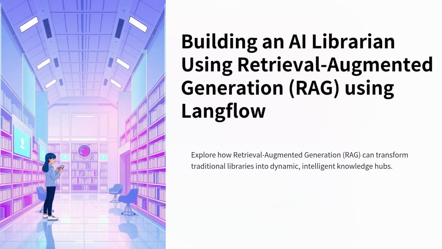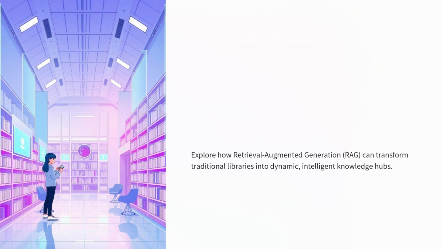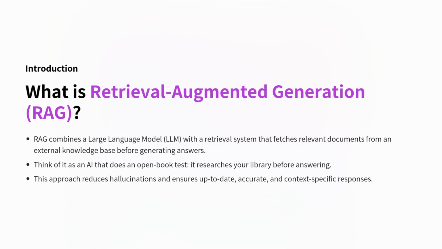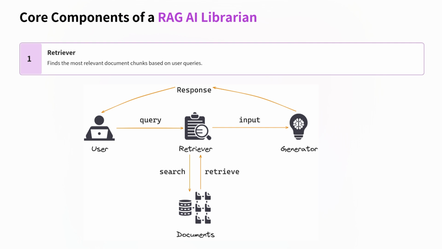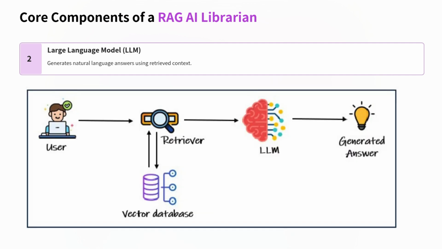All right, before we jump into making our AI librarian with Langflow, let's first understand what RAG, Retrieval-Augmented Generation, actually is. At its core, RAG combines two things. One, a retrieval system which searches your knowledge base for the most relevant information.